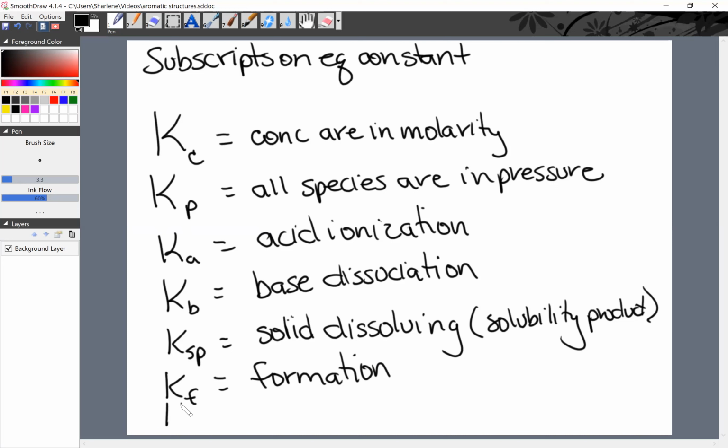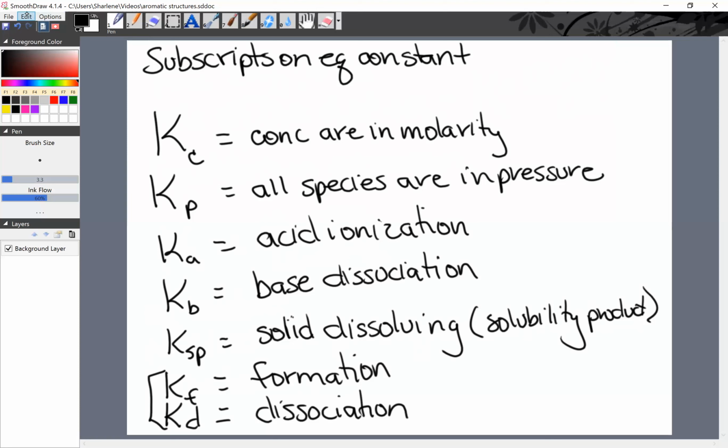And a lot of times Kd is the reverse of that. So these two are often linked together. We think of dissociation with the bases, but that just means you're forming it in one and you're breaking it down in the other direction. So those are very, very generic. All right. I'm going to do an example of each one of these now.